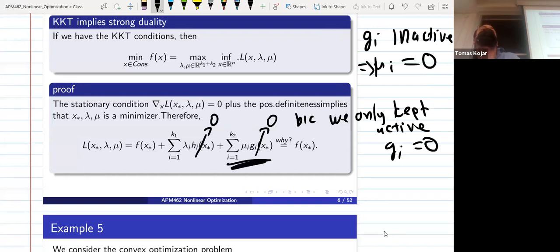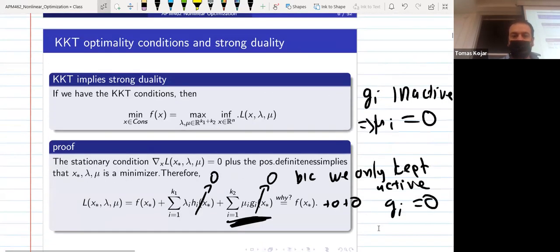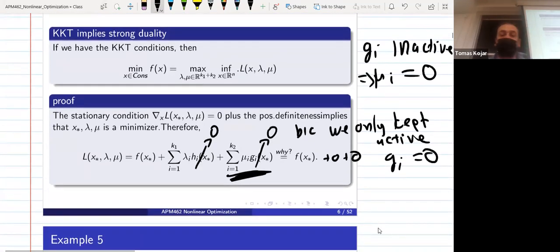So it doesn't even show up here. Okay, so that's why you get 0 for 0. All right. Okay. Right. So this is the minimizer, and this guy is equal to the maximum of g(lambda). Okay. So that's why. All right. Good.